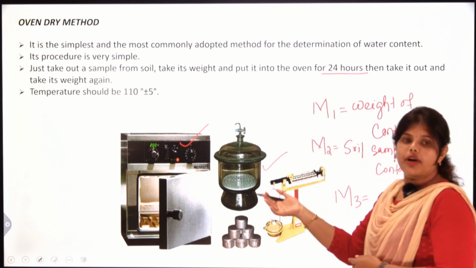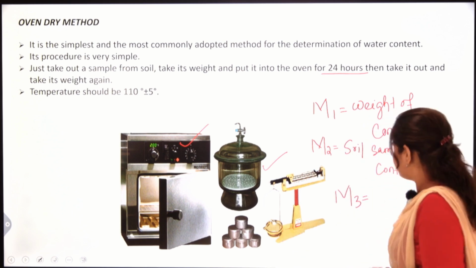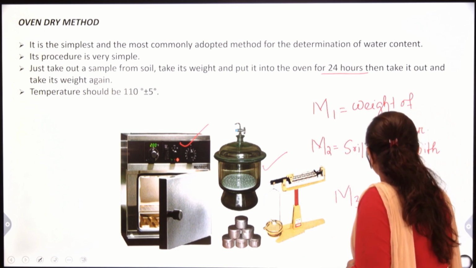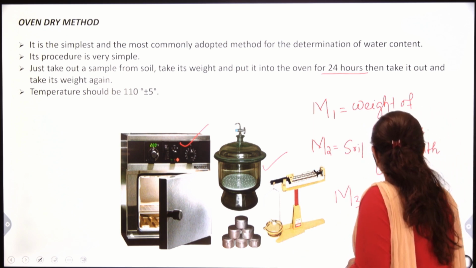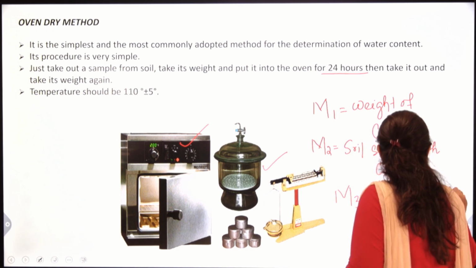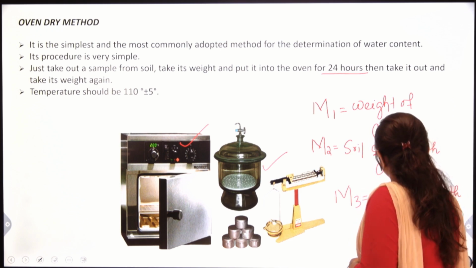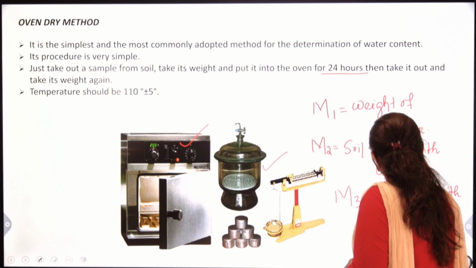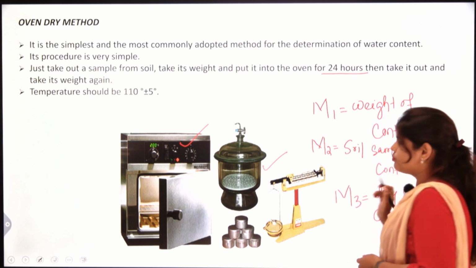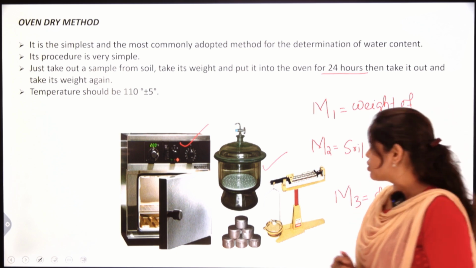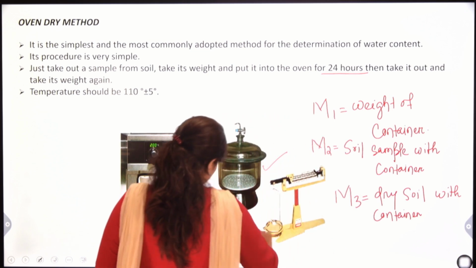Then that will be our dry soil mass, so that will be M3, dry soil with container.